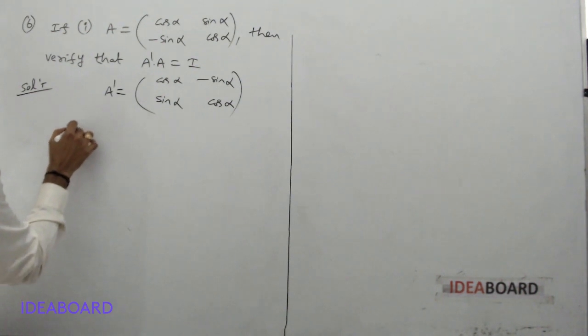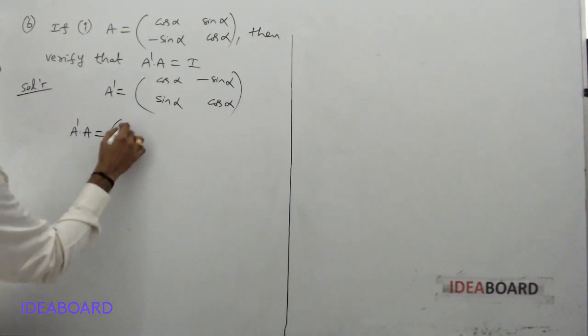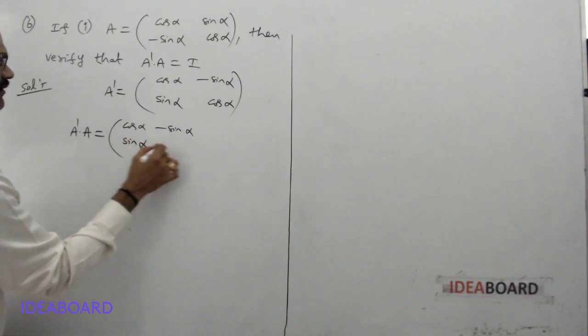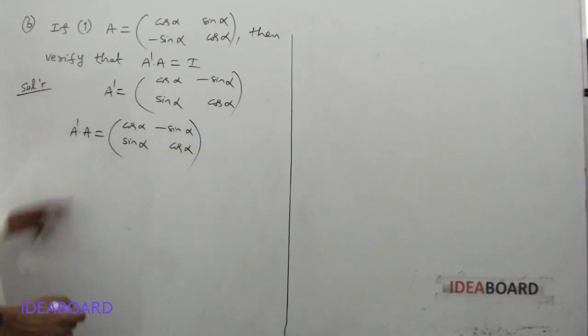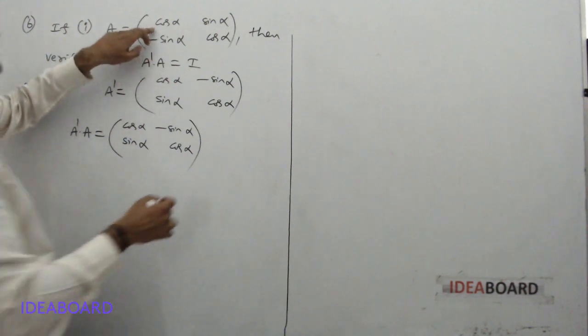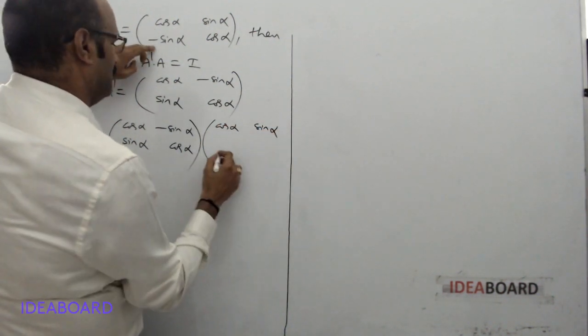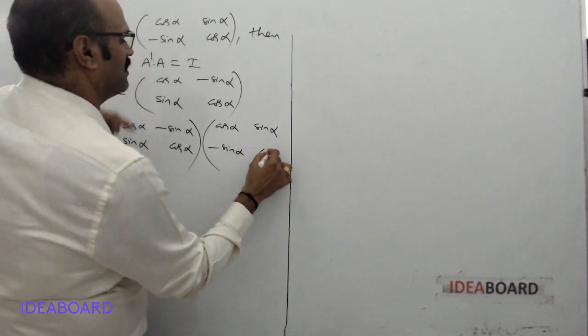Now, A transpose into A equal to cos alpha, minus sin alpha, sin alpha, cos alpha, times the matrix A, cos alpha, sin alpha, minus sin alpha, cos alpha.